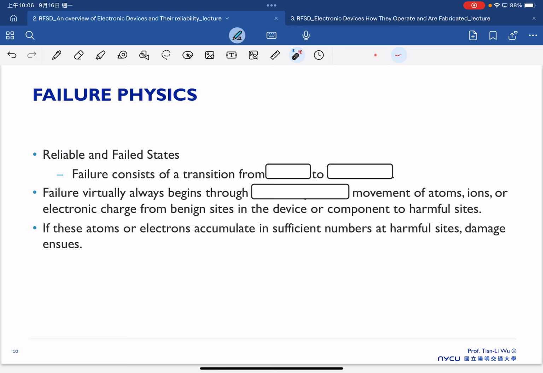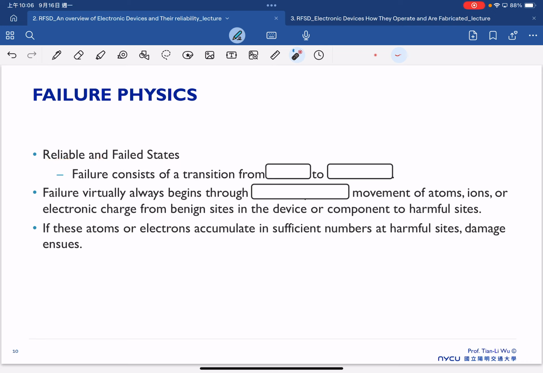But after we find that a failure mode happens in the semiconductor device, the most important thing is to understand the failure physics and failure mechanism, because once we understand the physics and mechanism, that can give us a good way to further improve our semiconductor device. And therefore, here I need to introduce a concept, that's what we call the reliable and the fail states.